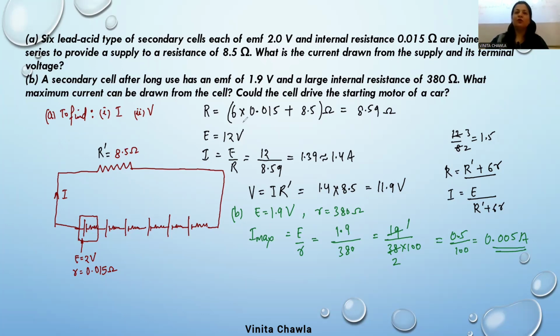So can we start a motor? Could the cell drive the starting motor of a car? No, the cell cannot, this current is very less. Starting a motor needs about 100 ampere.